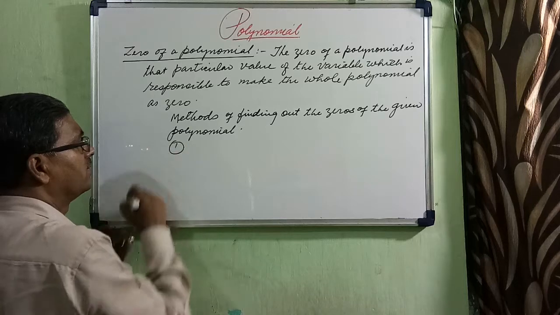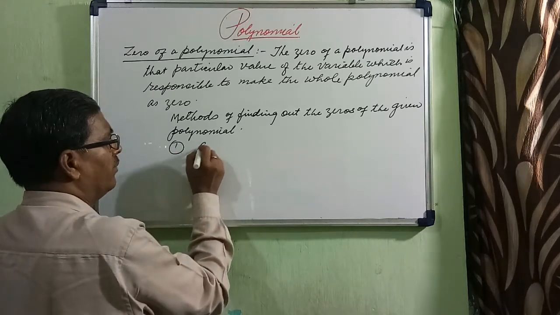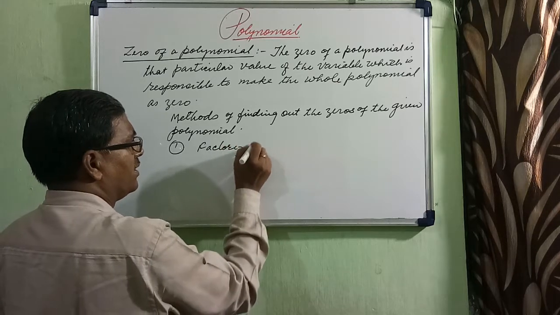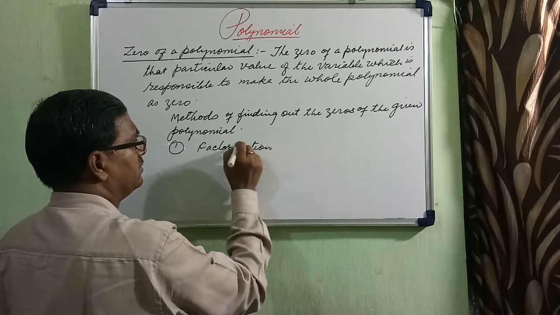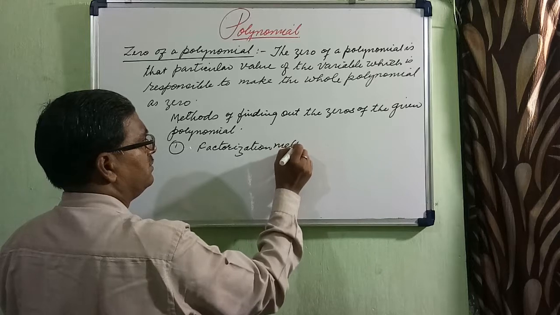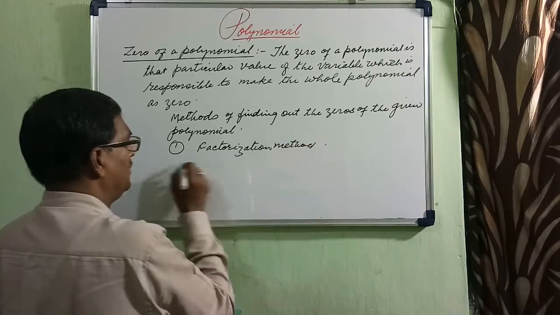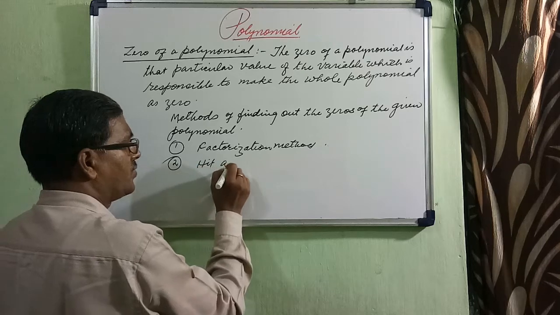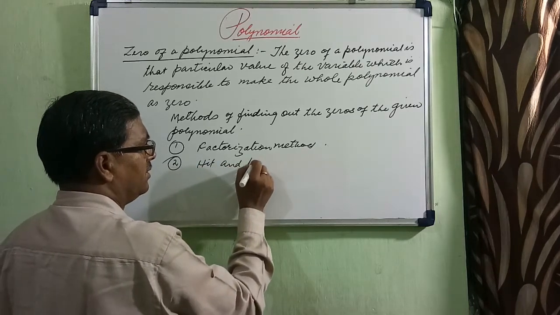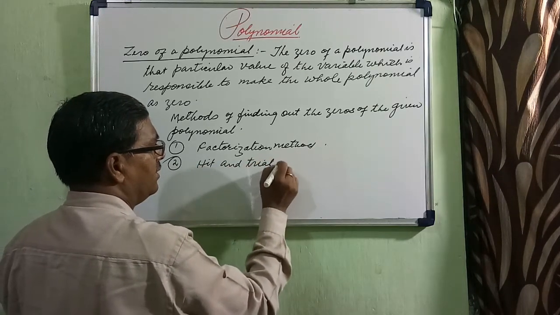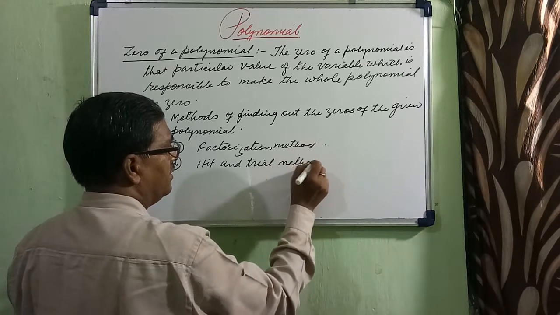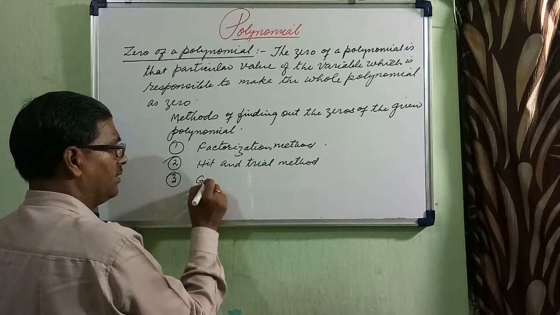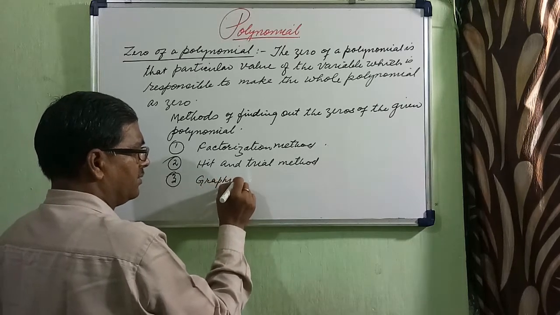First is by factorization method. Second, hit and trial method. And third, graphical method.